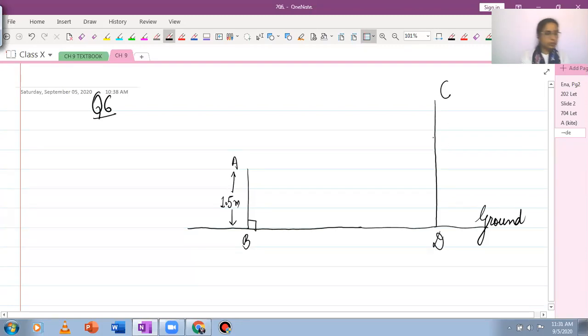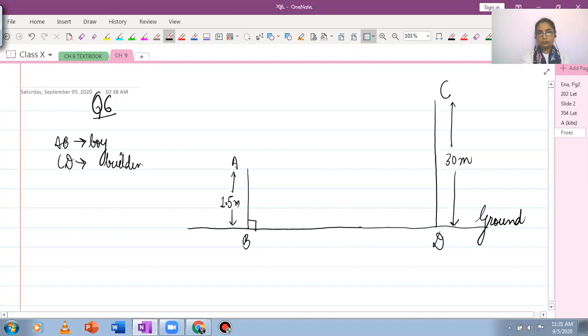This represents the building. Yeah, it's building. So I'm just trying to do a shortcut here rather than writing down let AB represent the boy, CD represent the building. I've simply written that AB is the boy and CD is the building.